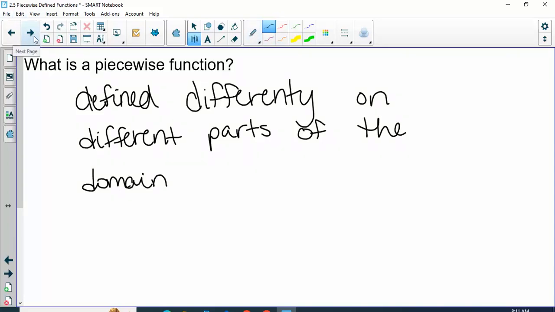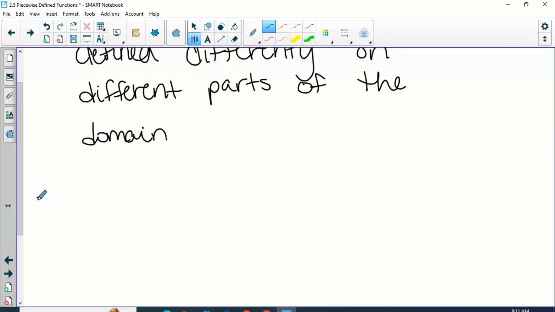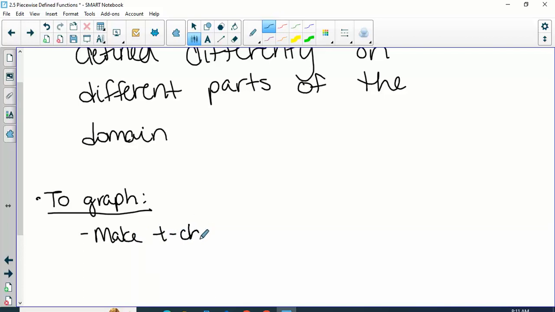When we graph piecewise functions, what I am going to recommend is we make a T-chart for each piece.